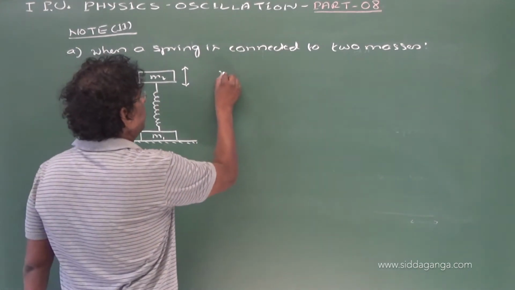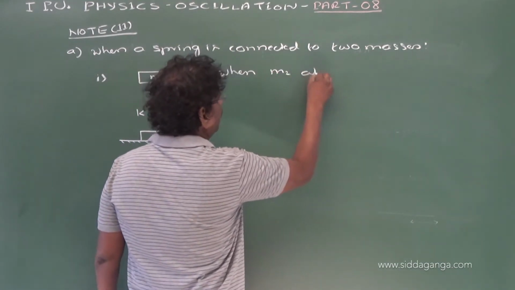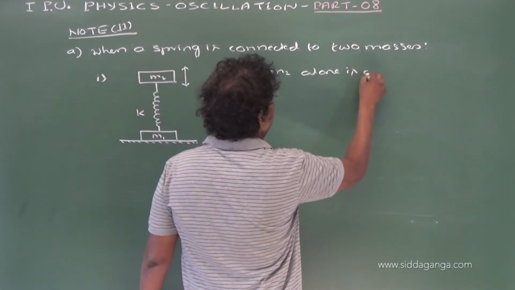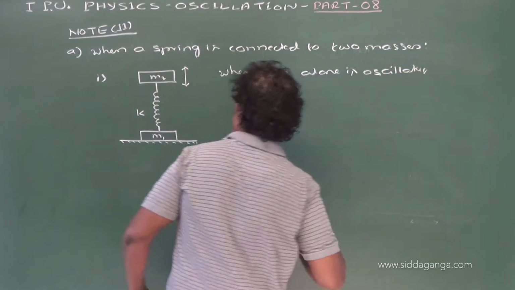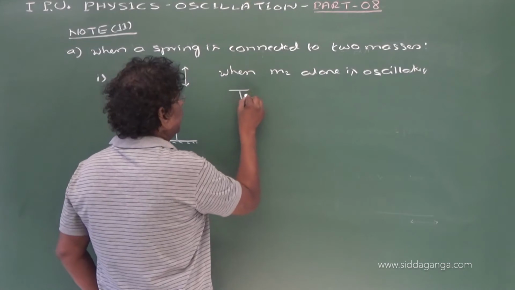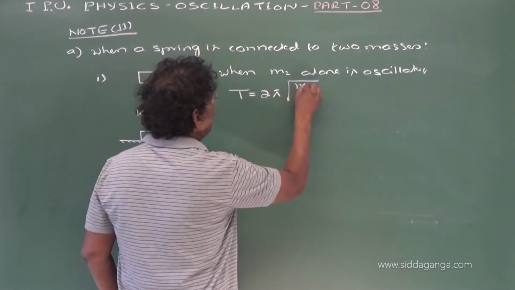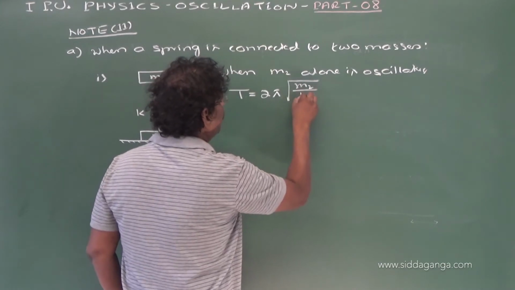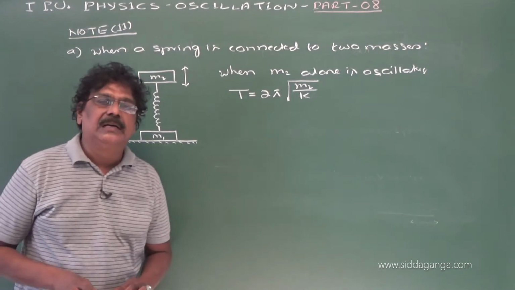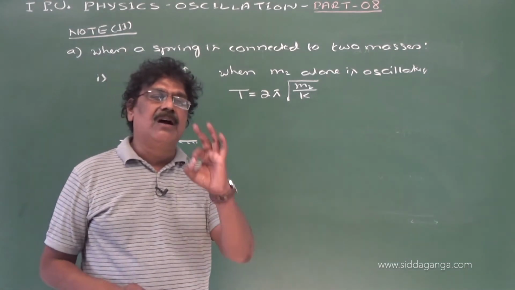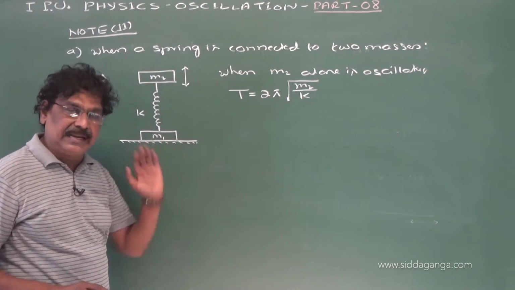So when m2 alone is oscillating, then the time period T is equal to 2 pi into square root of m2 by k, where m2 is the mass of the oscillating body. In this case, m1 won't oscillate.